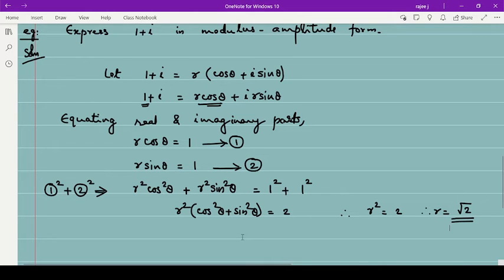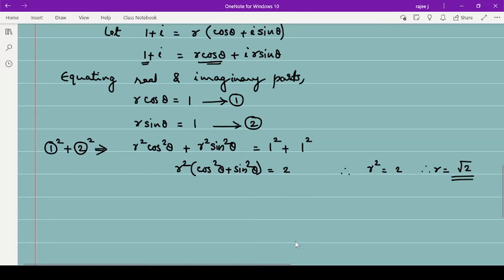Now we need to get theta. We are finding r and theta and substituting here. To get the value of theta, we take equation number 2 divided by equation number 1. So r sin theta divided by r cos theta is equal to 1 upon 1.